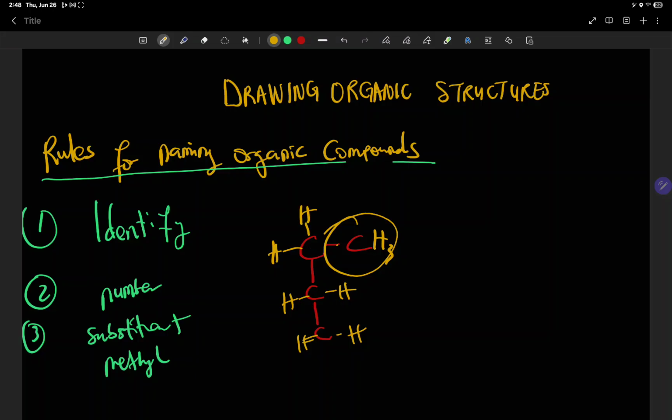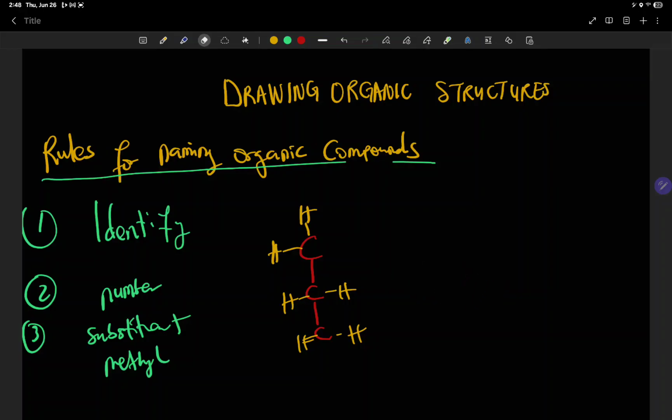There should be H here too, 4. So to some people, here is an attachment. So what I want to call this is 1 methyl propane. Is that correct? Obviously, I think it is totally wrong.